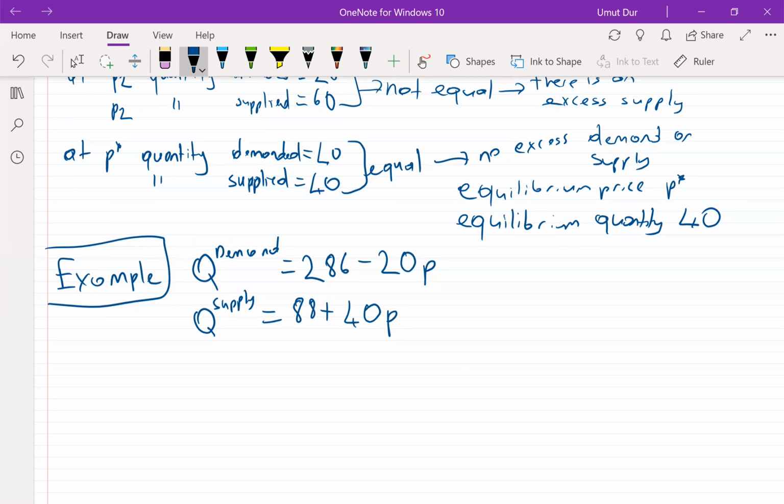Now we are not working on the supply curve or the demand curve, but you are given the demand function and the supply function, and we are asked to find the equilibrium price and quantity.